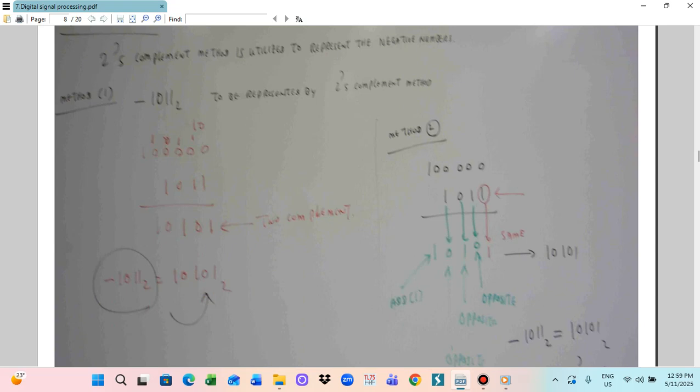We want to represent minus 1011 base 2 using the 2's complement method. Method 1 is to subtract from the, so this is the 1011 base 2.